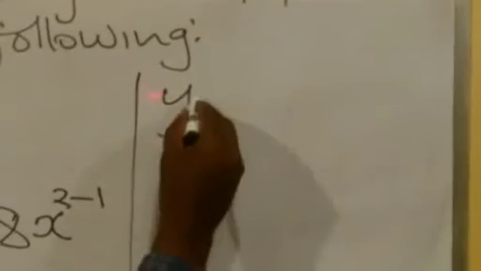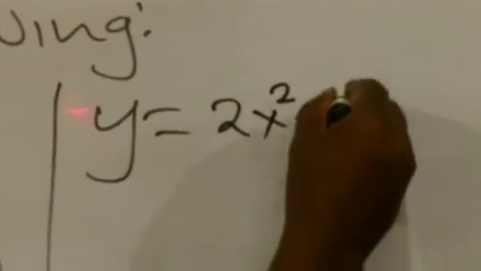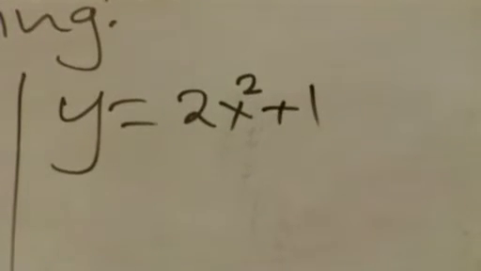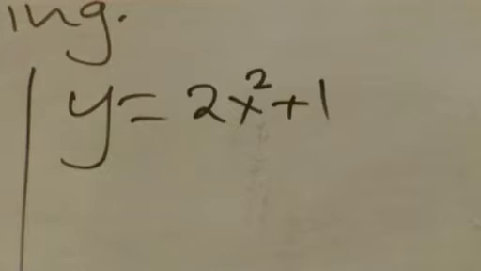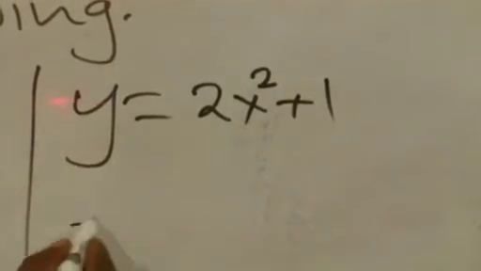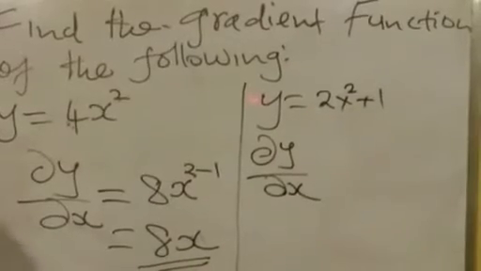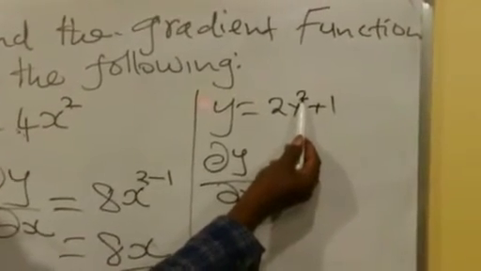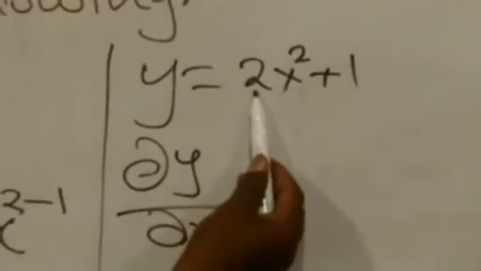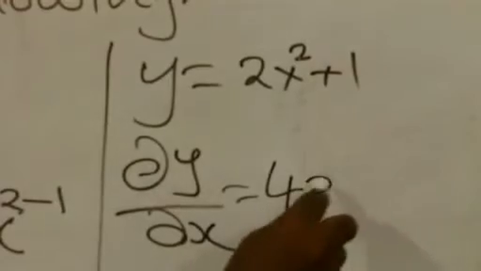Another one is y equals 2x squared plus 1. Here, the dy dx of this one will be, we go one by one. This one has 2 as a superscript, and the coefficient is 2. So we take this times this one, you're going to get 4x.